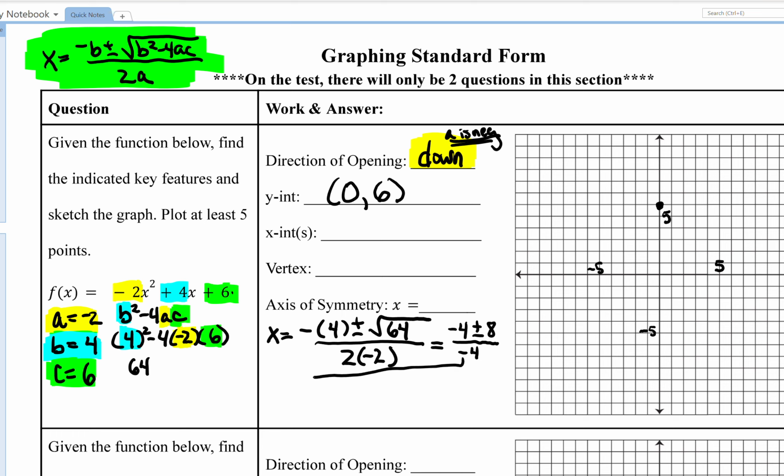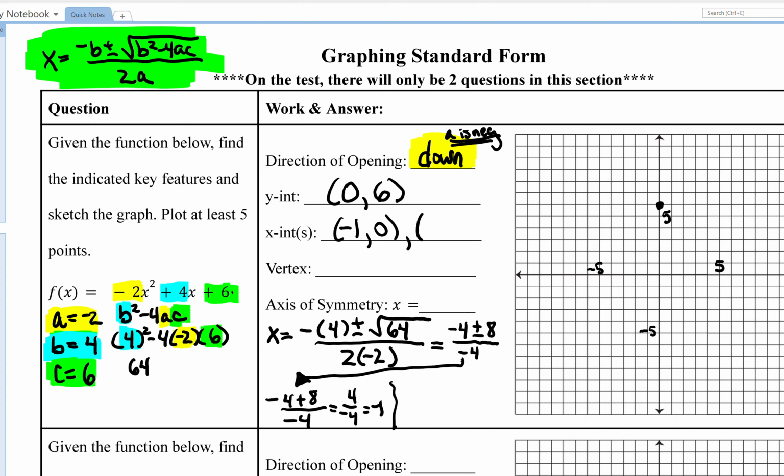And so I'm going to have two values here. The first one would be -4 plus 8 over -4. -4 plus 8 is 4 over -4, which is -1. So one of my x-intercepts is at -1, 0.